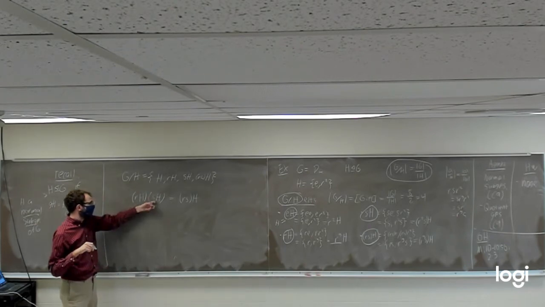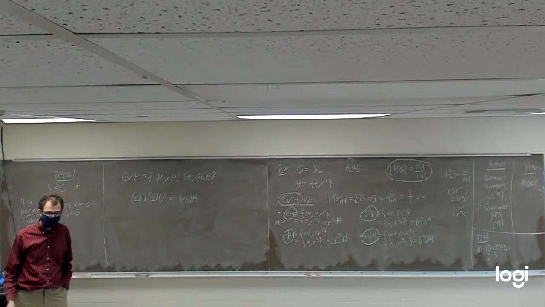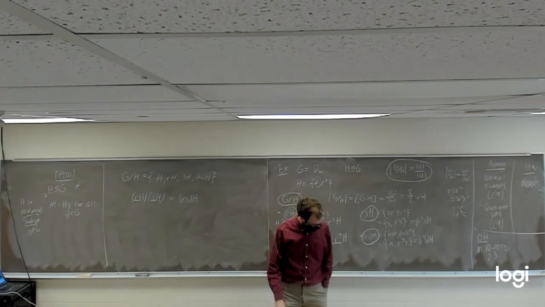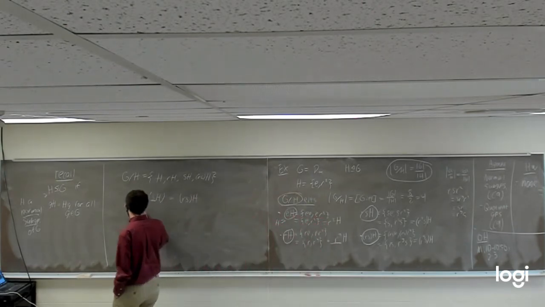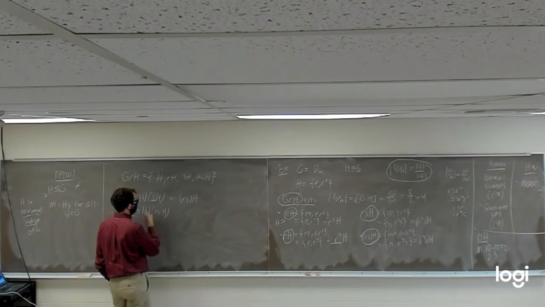To multiply two cosets, just multiply their corresponding elements together. Here's a little more fun one. What would we get if we took SH and multiplied by a little rs times H?